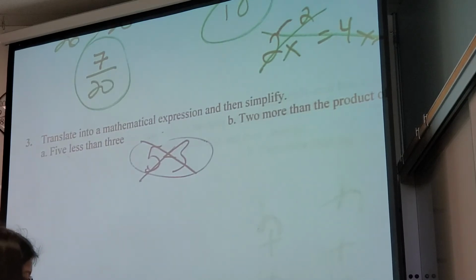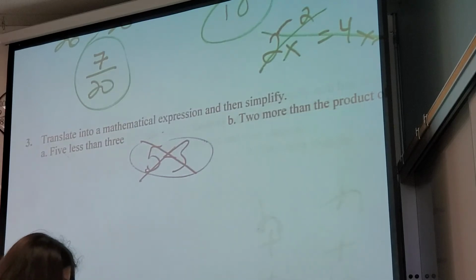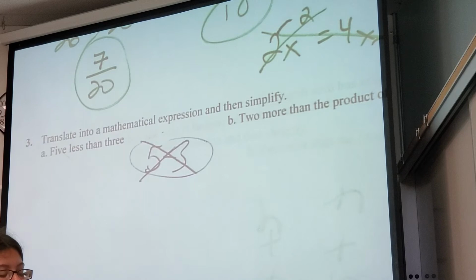So the big mistake people make here is they say it's 5 minus 3. That's wrong. That's backwards. If you had 10 turtles for some reason, and I have 2 less than you, 2 less turtles. Is it 2 minus 10? I got negative 8. I got little black hole turtles. Negative turtle. Not sure what that would mean.